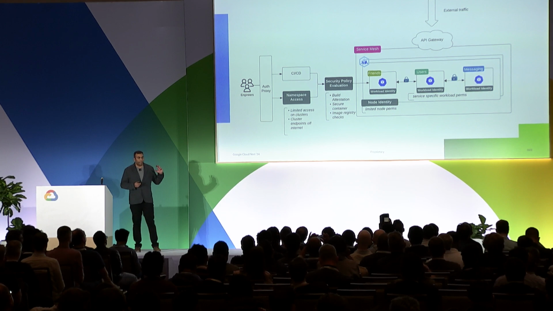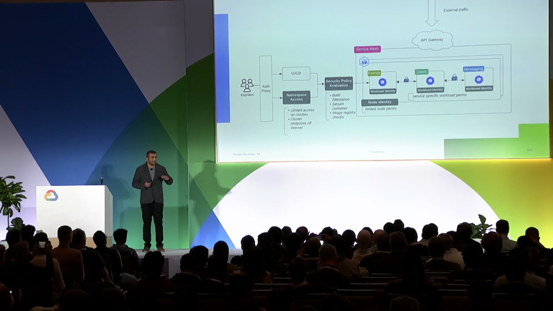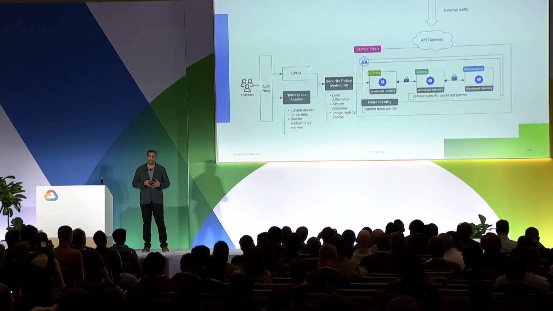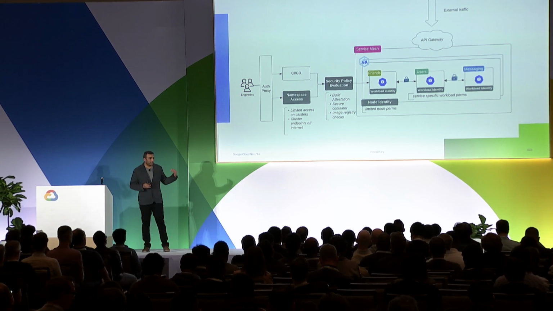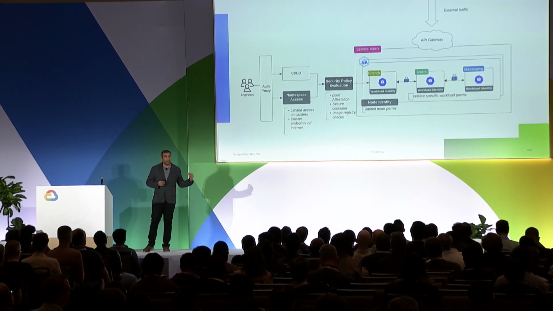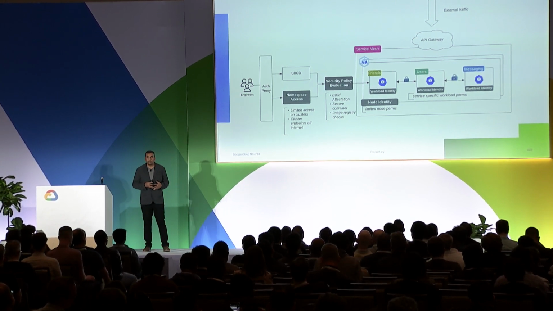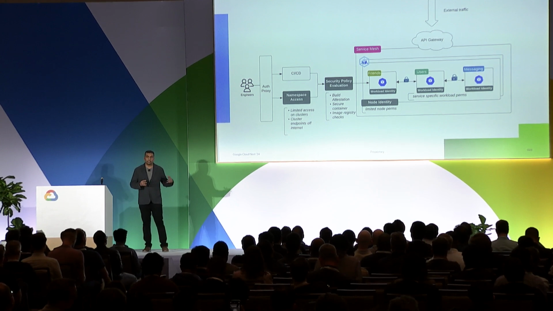So if you see from the left-hand side, this is a typical developer workflow. Developers access the production environment through CI/CD. That's where the regular routine path goes through. And for each of the deployments, our admission controller that Sagiv spoke about runs through a set of security policies.